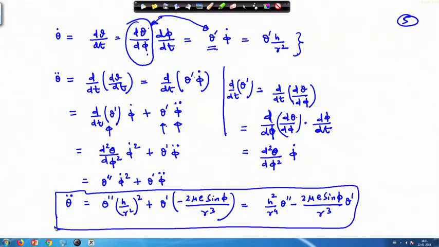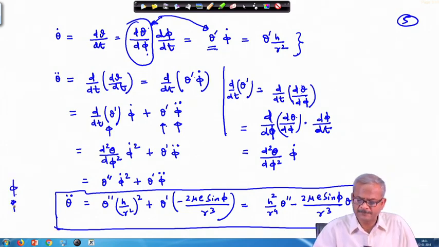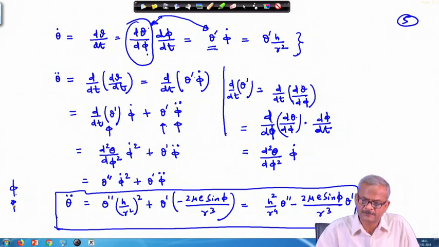So, by doing so we can express how your motion will look like as phi keeps varying. Okay. Instead of t, we are expressing the whole thing in terms of phi.